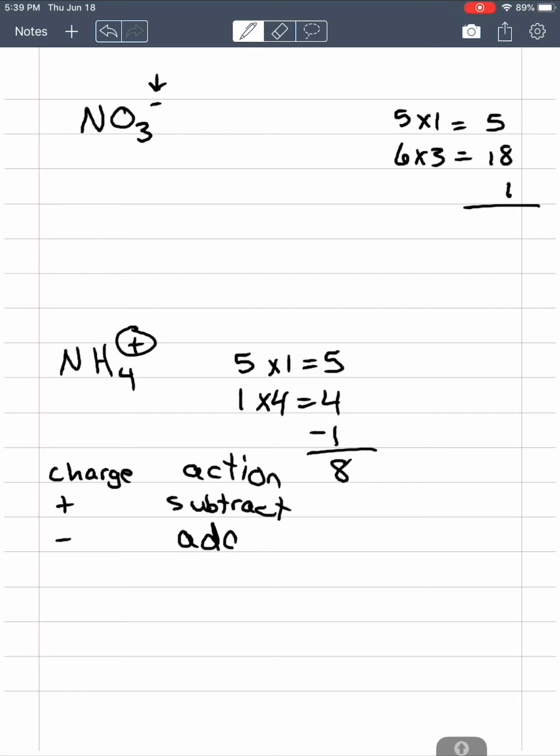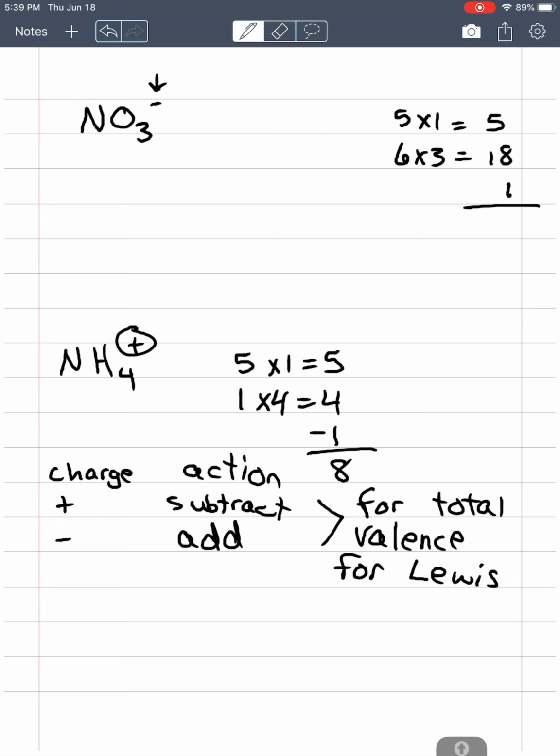If you have a negative charge, add to get the valence electrons. Just for Lewis structures.